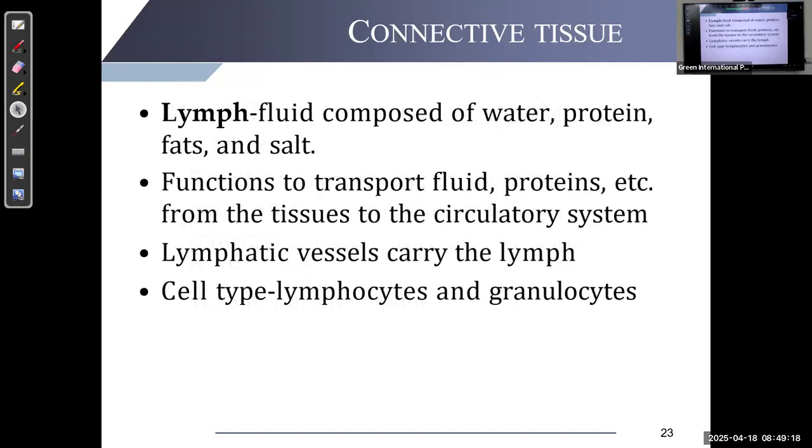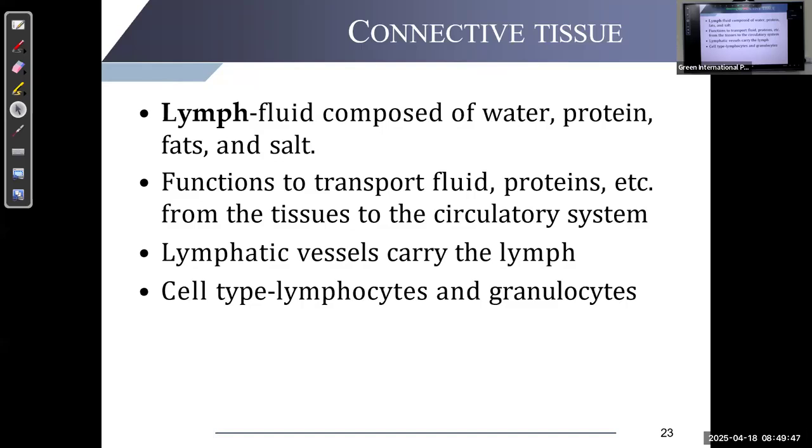So then we have lymph. What's lymph? Lymph is composed of water, protein, fats, and salt. What is its function? Through the circulatory system. You also have blood, you also have lymph tissue. Then lymphatic vessels carry the lymph.